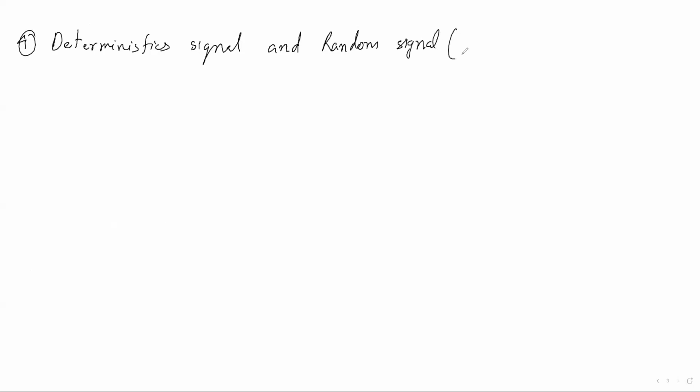A random signal is also known as a non-deterministic signal.